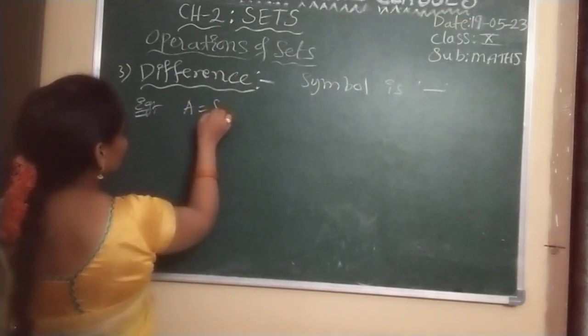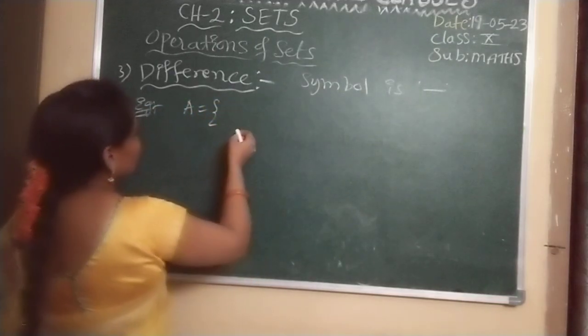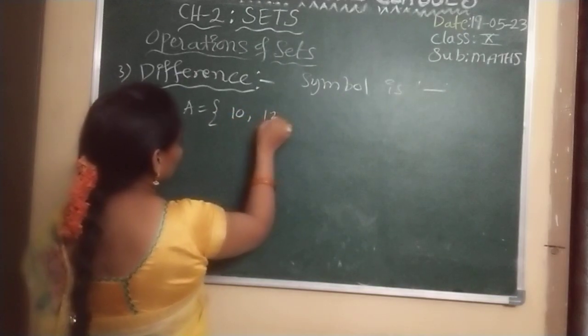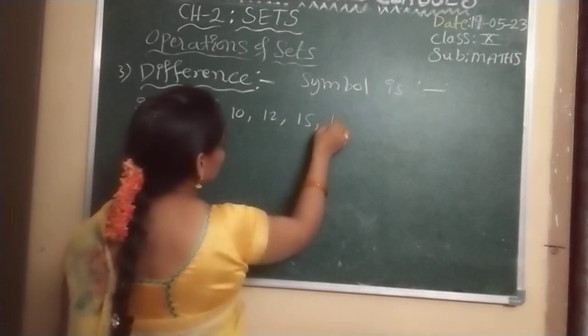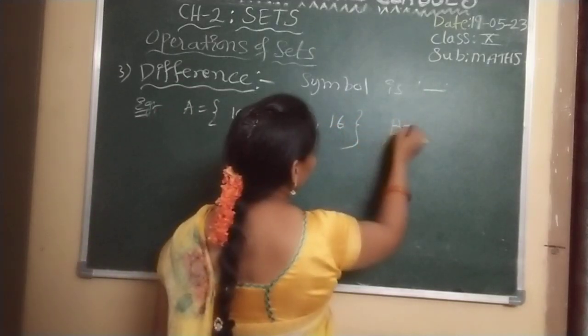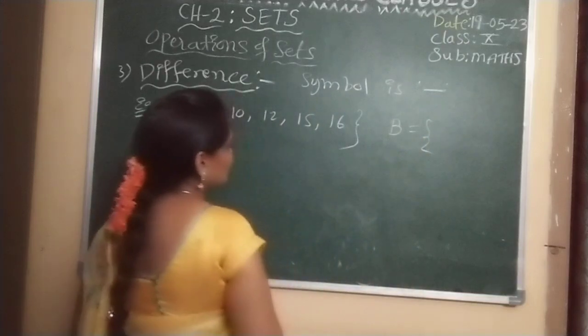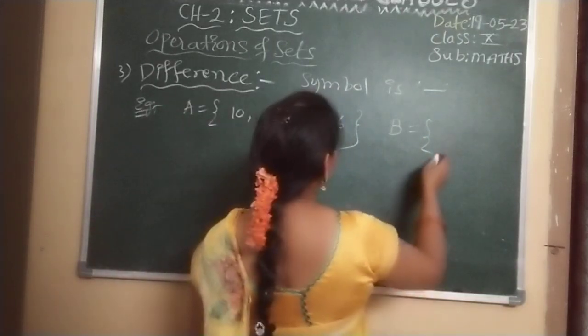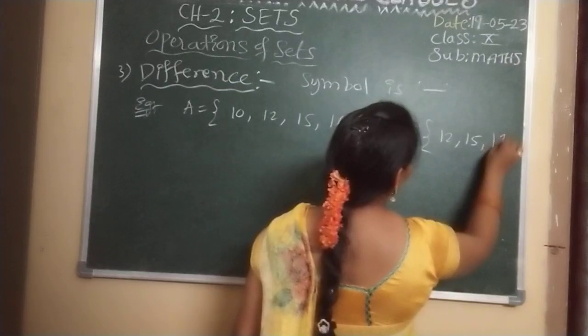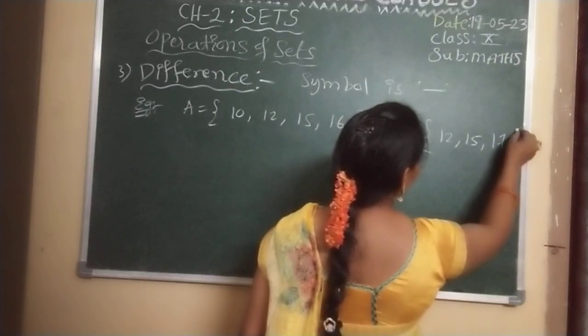Now one example. Suppose set A contains some numbers 10, 12, 15, 16. Set B contains 12, 15, 17, 18.